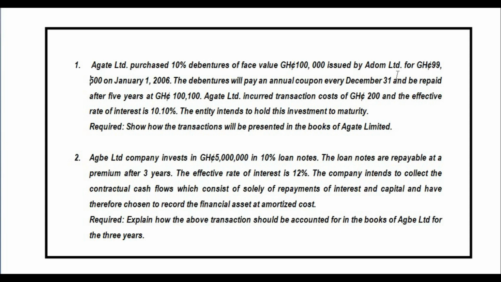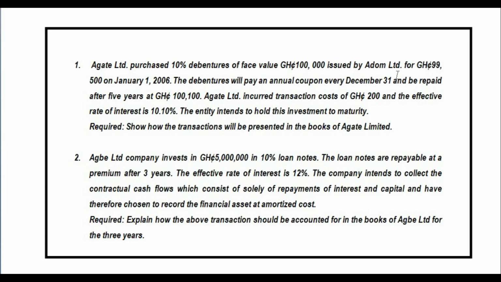So we can start by giving a summary of this question, what it entails and what it covers, which part of the standard we are going to need in solving this question. So first and foremost, we need to identify what this financial instrument is. I think our first sentence will help us identify whether it's a financial asset or financial liability.